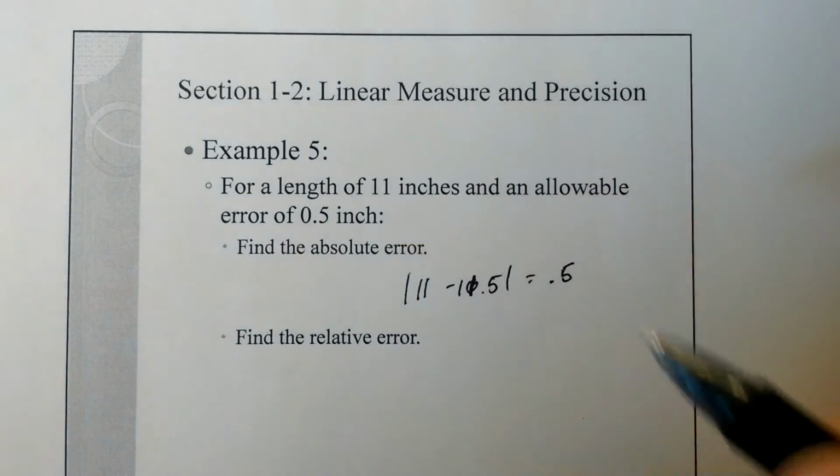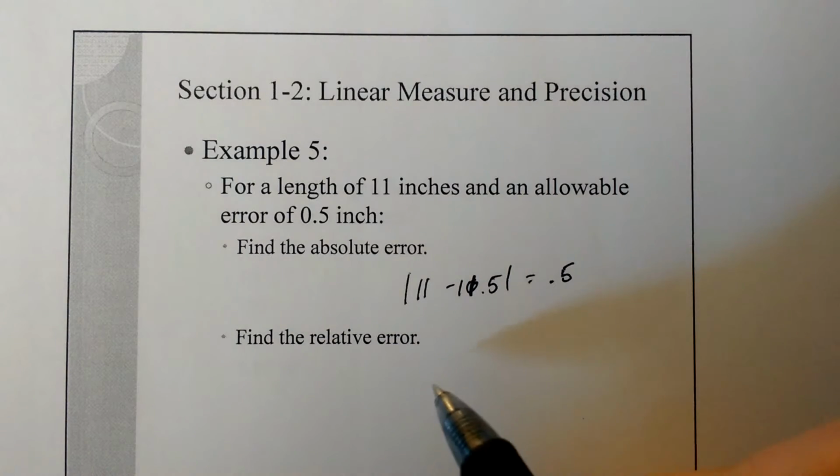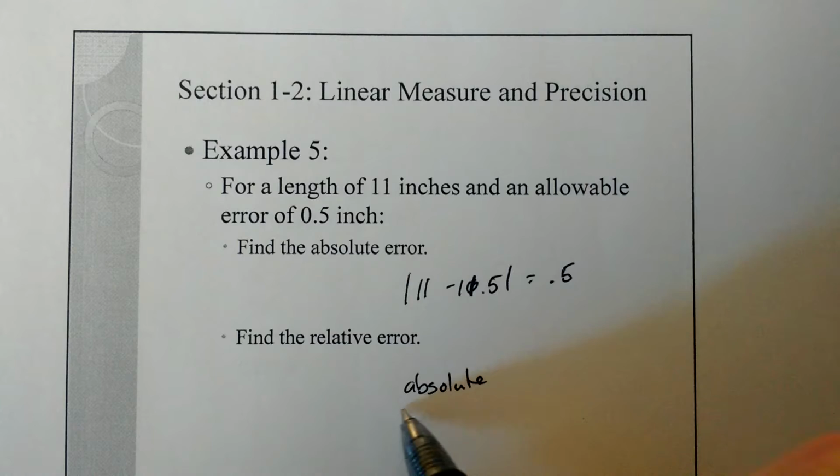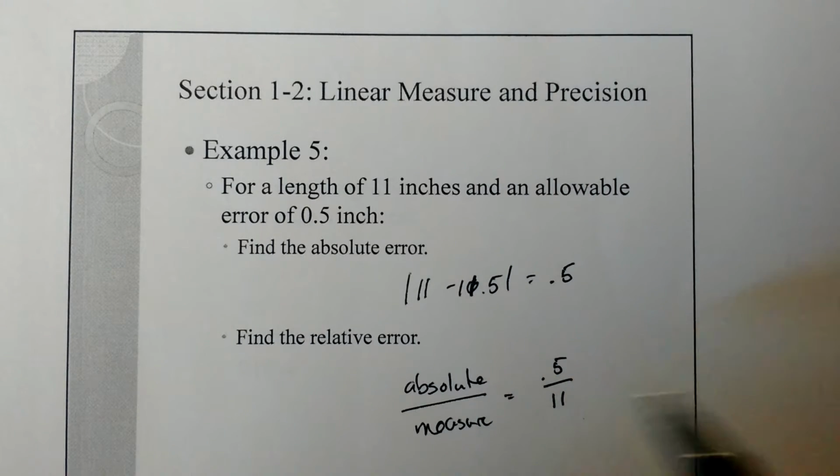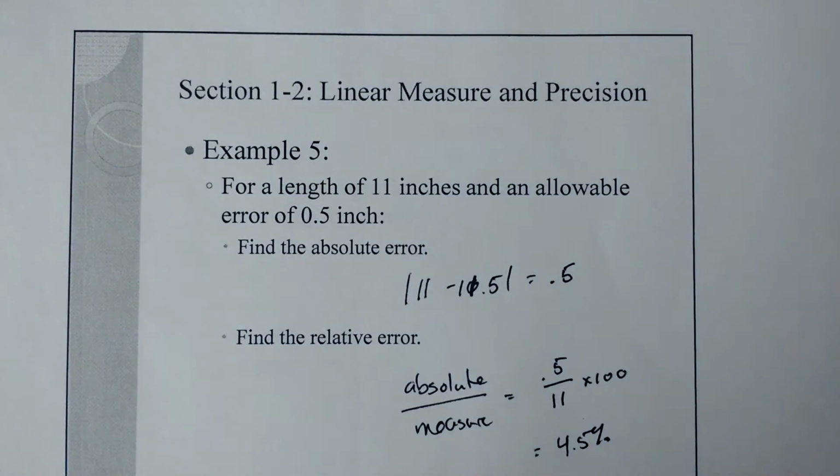Relative error is the absolute error divided by the actual measure. So in this case, that would be 0.5 divided by 11, and then times 100 because it's a percentage, which works out to be about 4.5% or so.